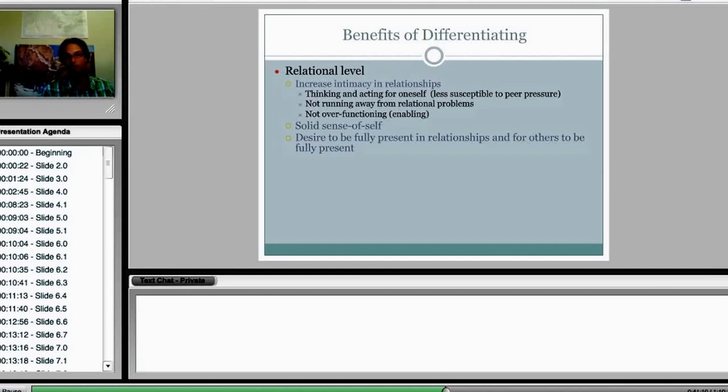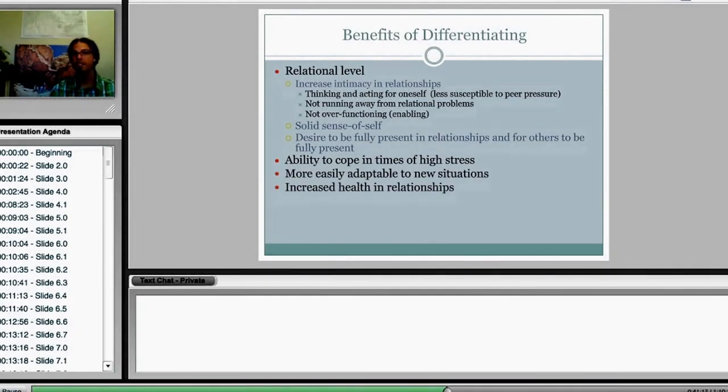And on the relational level, there's greater flexibility, greater willingness, and an ability to cope with last-minute change, and higher levels of stress are just less of a factor in determining how one is going to change in that relationship.